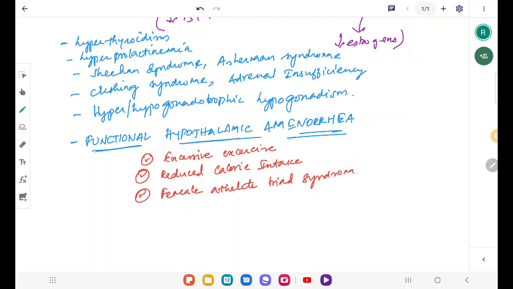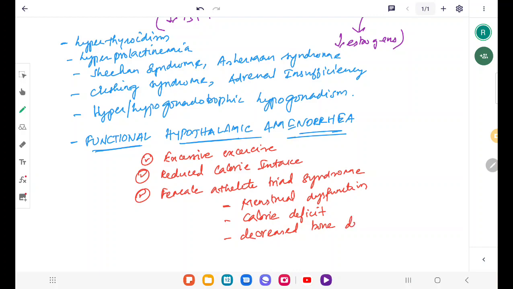So athletes usually have secondary amenorrhea because of menstrual dysfunction, calorie deficit, and because of decreased bone density. So this is the triad of female athlete triad syndrome.